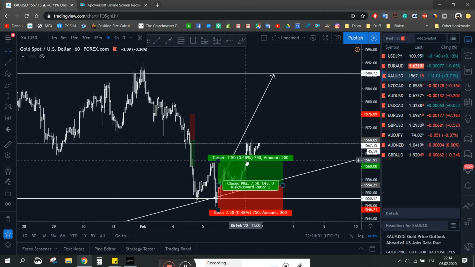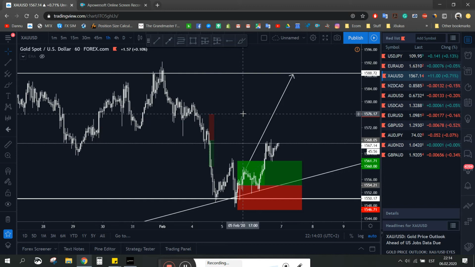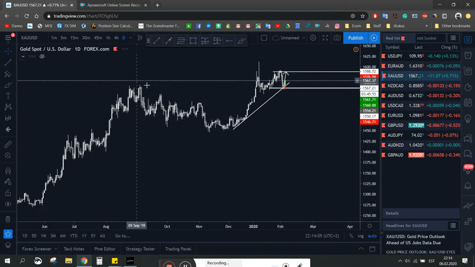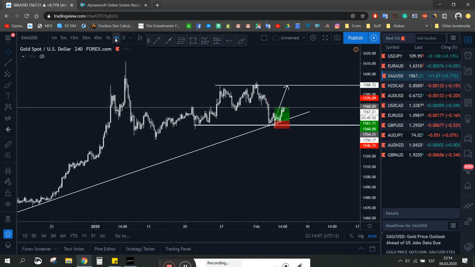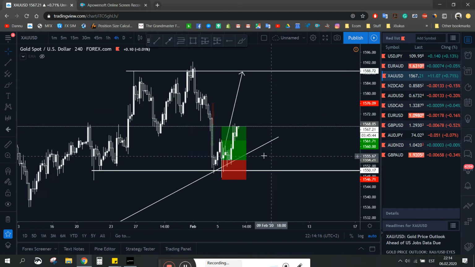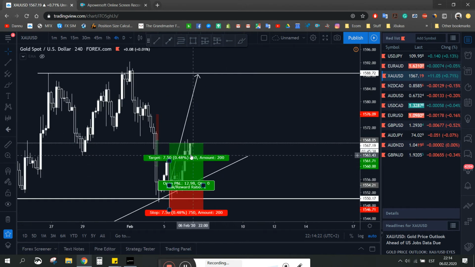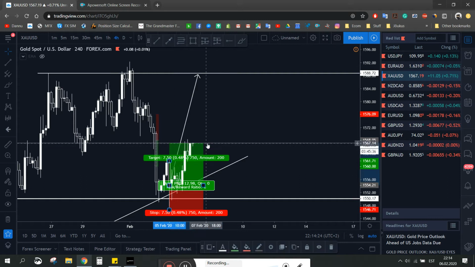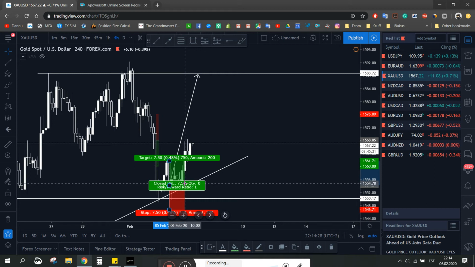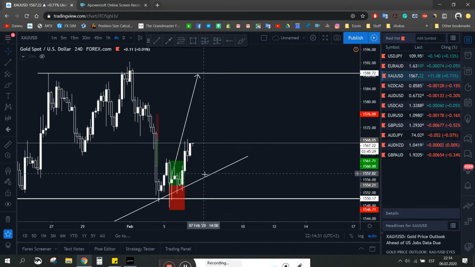Gold hit my take profit. On the daily we seem to be in an uptrend, and we were just at the trend line and we hit previous support, so I thought about buying to the next level.